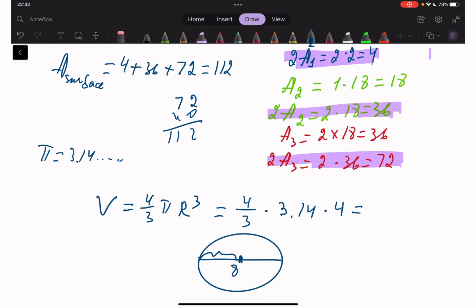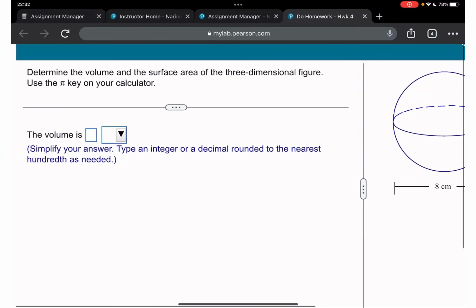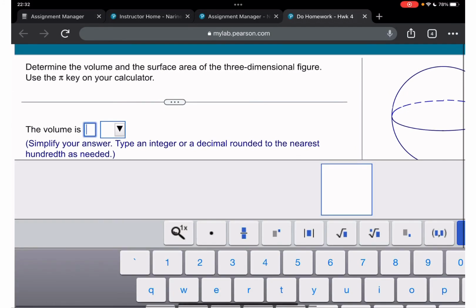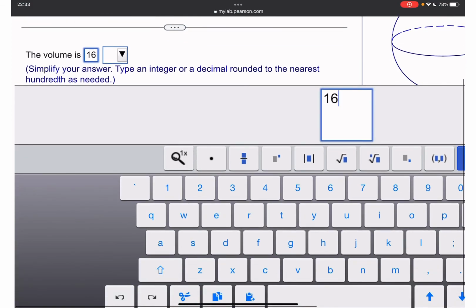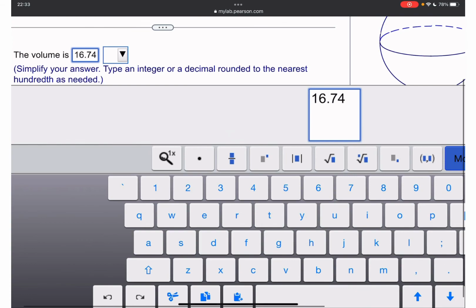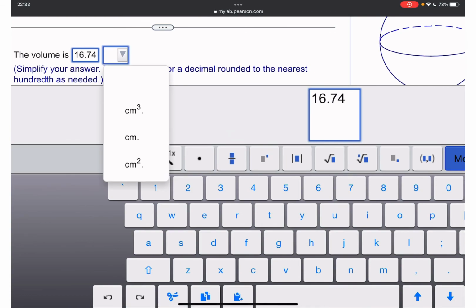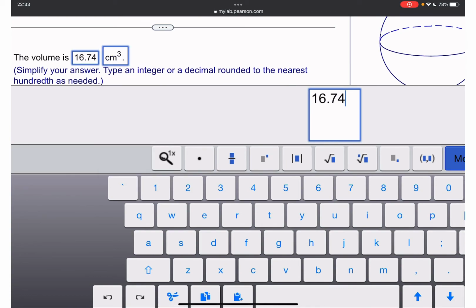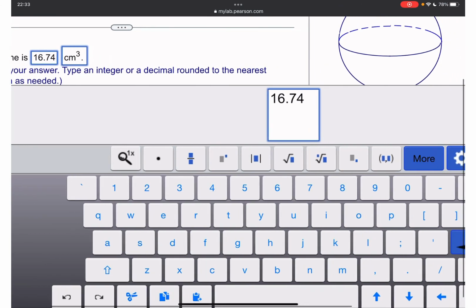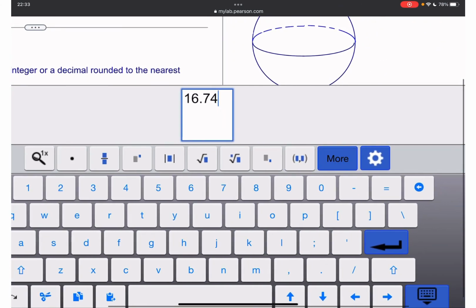And we are getting 16.74. Let's write down. 16.74. And here it's going to be cubed because volume is always measured in cubed, r cubed, right? If we use r cubed, then centimeter cubed.